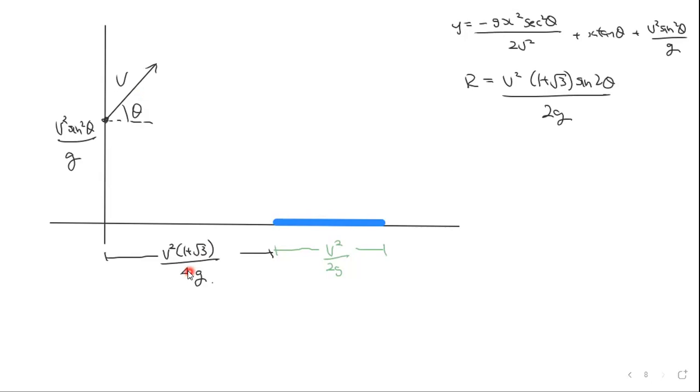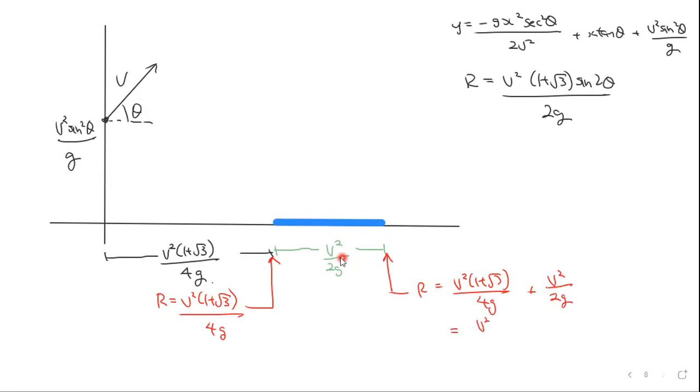But we also want to know here. Now, this is going to be that plus that, because that's the distance. So we're also interested in R equals v squared (1 plus root 3) over 4g plus v squared over 2g. And a little bit of work.